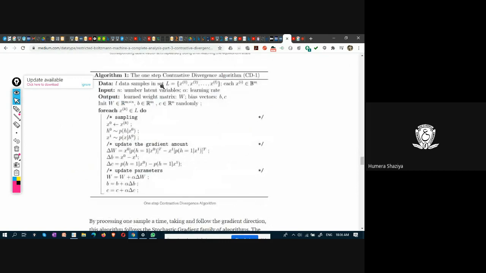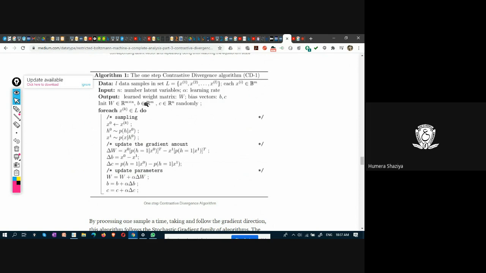And this is the one-step contrastive divergence algorithm, which is used for training the RBM, restricted Boltzmann machine. Here, what is the data sample? L data samples in set L: X1, X2, up to XL. In this data set, we have input values X1 to XL, the number of latent variables, and the learning rate.